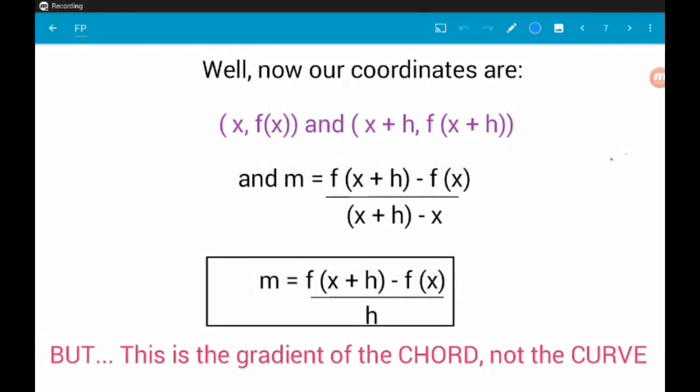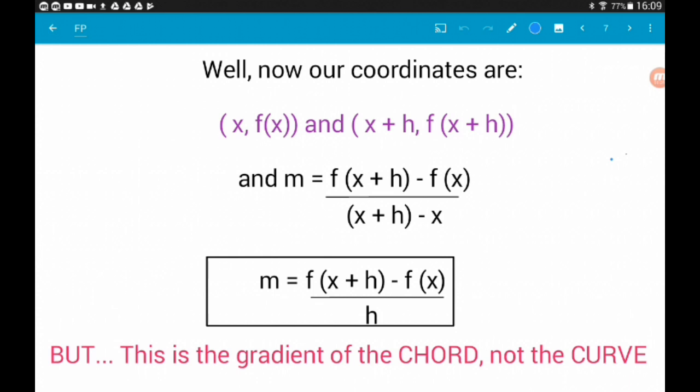Okay, so if we now apply that to our coordinates, we know our two points are x, f of x, and x plus h, f of x plus h. So the gradient of our chord is f of x plus h minus f of x, the difference in our y coordinates, over x plus h minus x, the difference in our x coordinates.